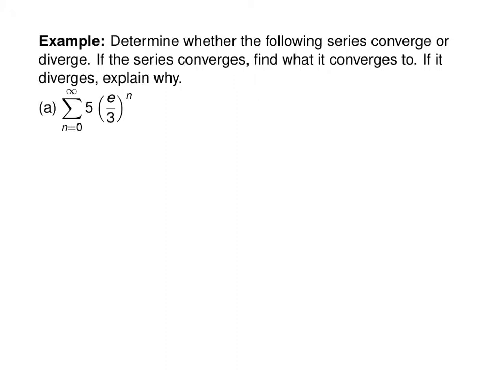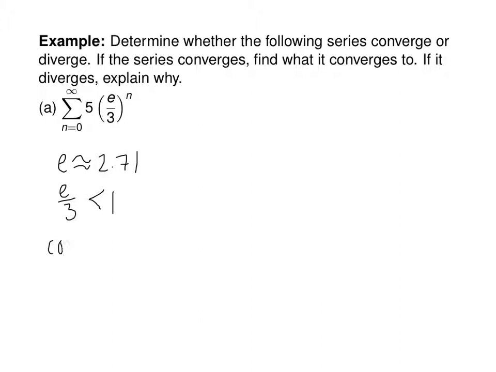Alright, here we have the sum from n equals 0 to infinity of 5 times e over 3 to the n. So first of all, it does start at 0, so if we are going to determine this converges, we're good to go with the formula. But we just have to figure out, first of all, is e over 3 less than 1? And since e is approximately 2.71, that means that e over 3 is certainly less than 1.